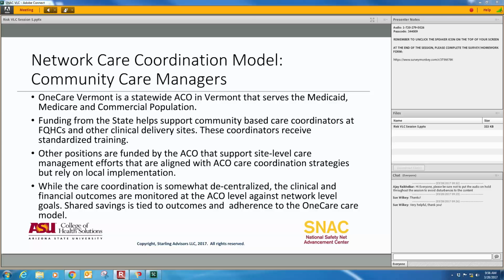But again, much like the model we just talked about in the St. Louis area, the specific care coordination is still happening at the individual provider site level. But there's a centralized infrastructure and a centralized strategic approach to how to engage that. Any questions on that?